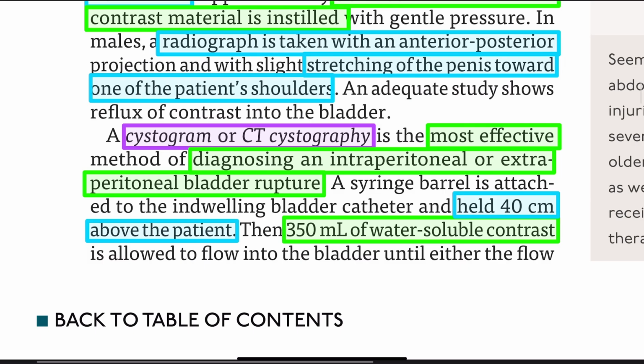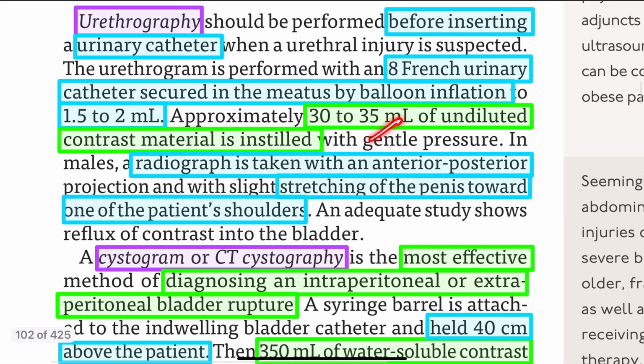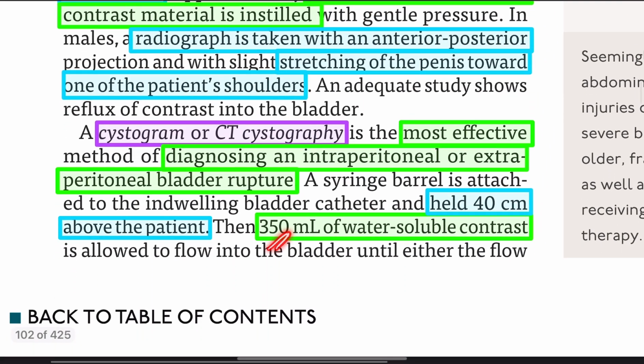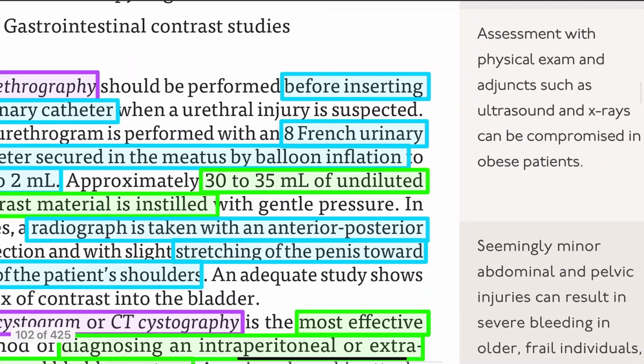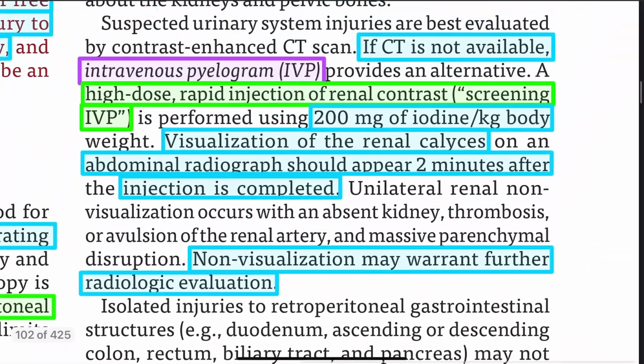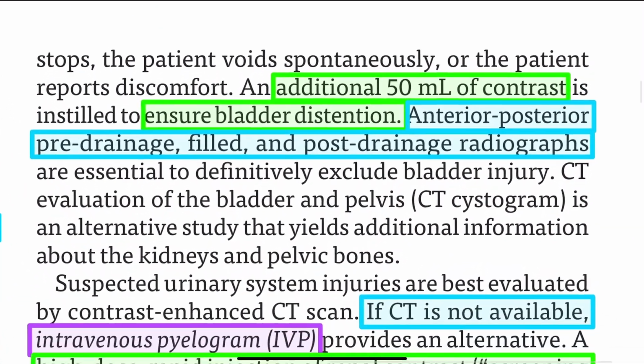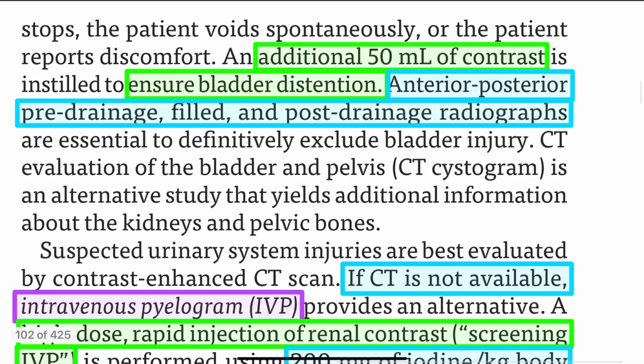Here it was 35, here it is 350: urethra 35, bladder 10 times more, that is 350 ml. An additional 50 ml of contrast is instilled to ensure bladder distension, and an AP picture is taken in 3 phases: pre-drainage, filled and post-drainage.